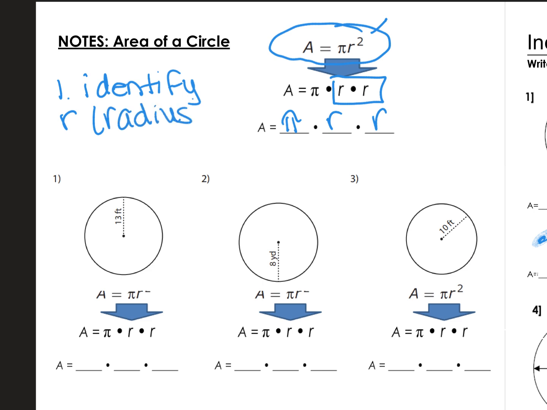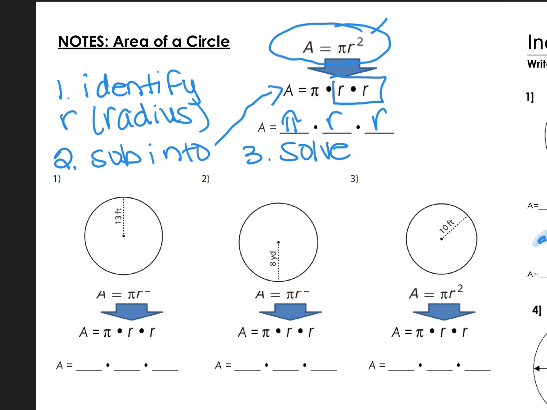Once you identify the radius, the second step is to substitute it into this formula up here, whatever we find as radius into that r squared or that r times r. And then the third step is we're just going to solve. Most importantly here, always identify the radius.